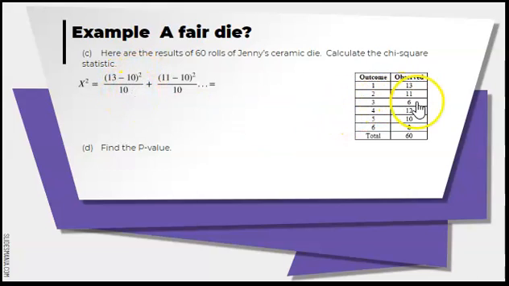Then I do the next outcome: 11 minus 10 squared over 10. In this case, they're all 10 expected counts. They're not always going to be exactly the same, and you'll see that as we go through the chapter. But as far as the formula, I don't have to show all 6 outcomes. I just show the first couple, and then you're going to use your calculator.